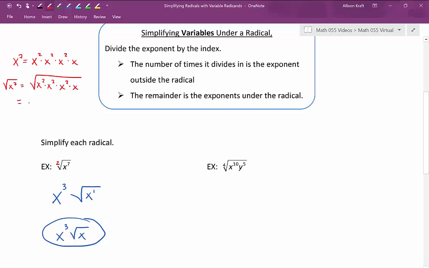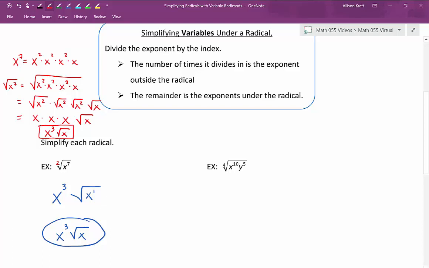And then product rule allows us to break that up into 4 radicals. And then we have a bunch of perfects, x times x times x, and then that square root of x underneath. And 3 x's multiplied together gives us x to the 3rd.